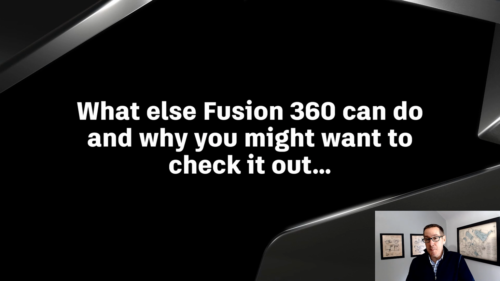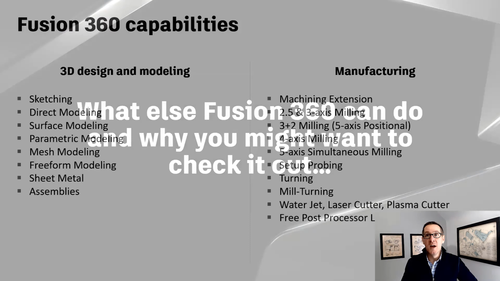So before we wrap up today's presentation, I do want to talk about what else you can do with Fusion 360 and why you might want to check it out. I pulled all of this information pretty much directly from the website, so you can go there and check it out yourself.